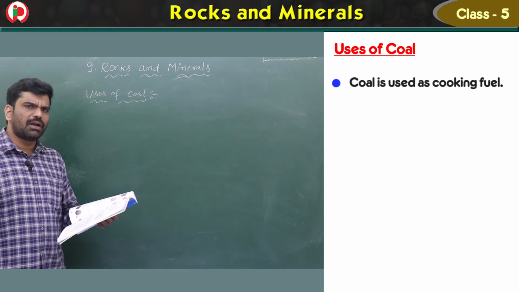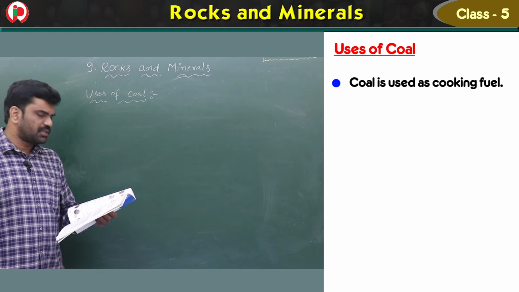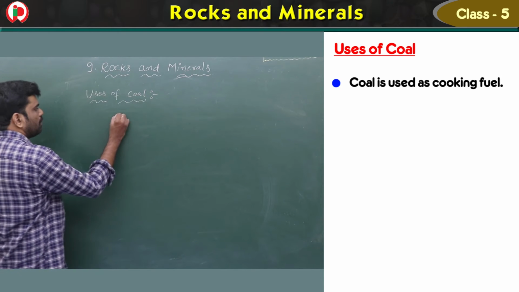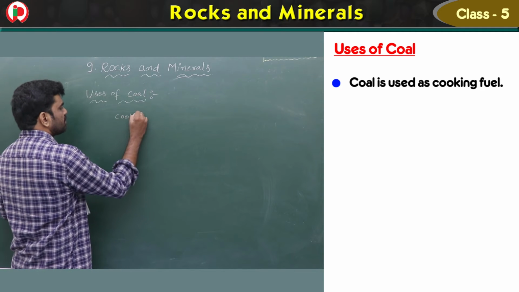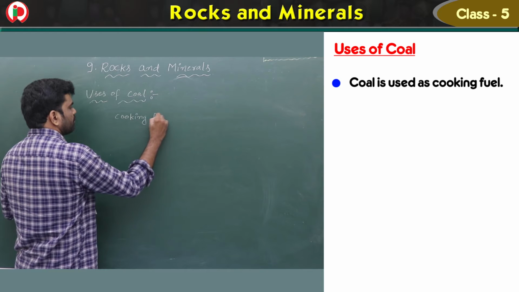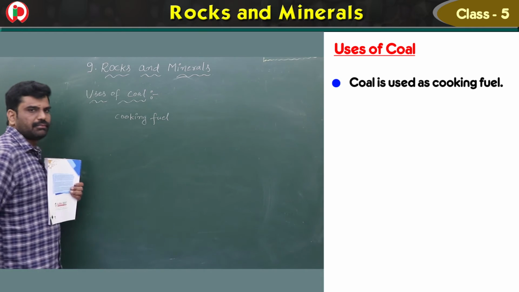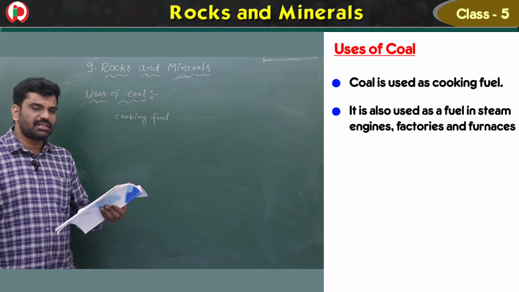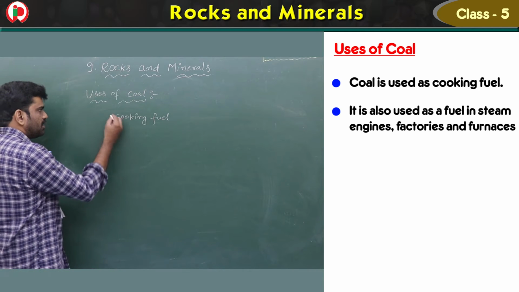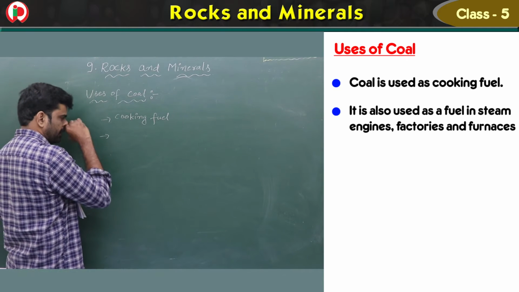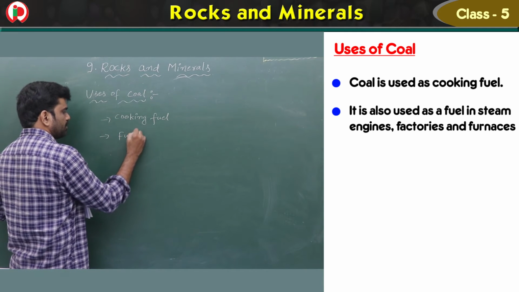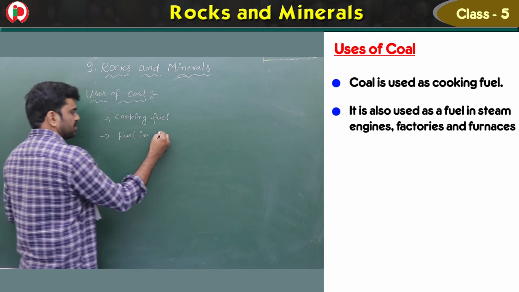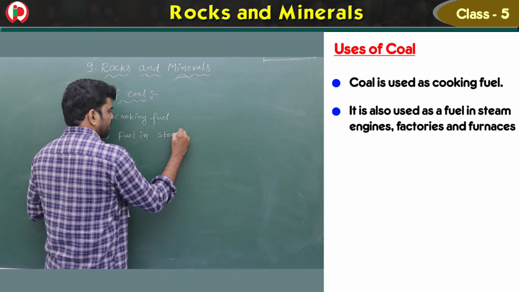Coal, I told you already, it is used as a fuel. So that is the reason it is used as a cooking fuel. It is also used as fuel in steam engines, factories and furnaces. Steam engines, that is the trains.